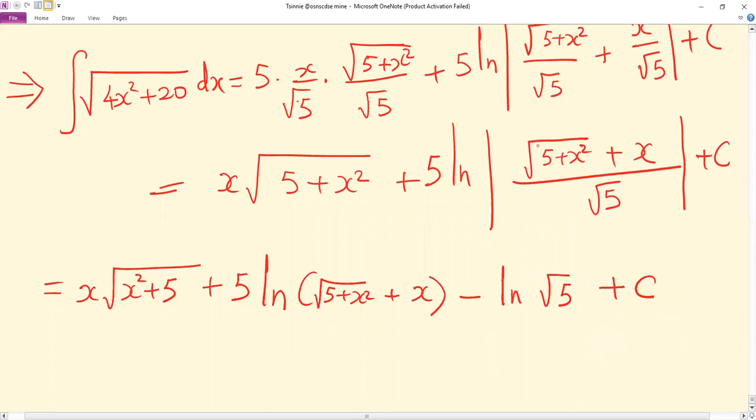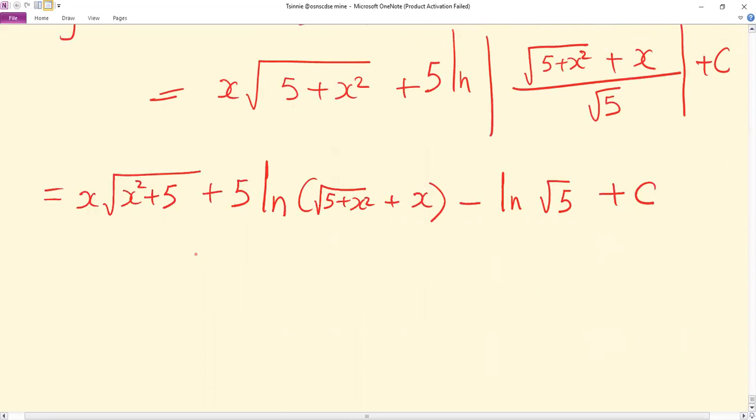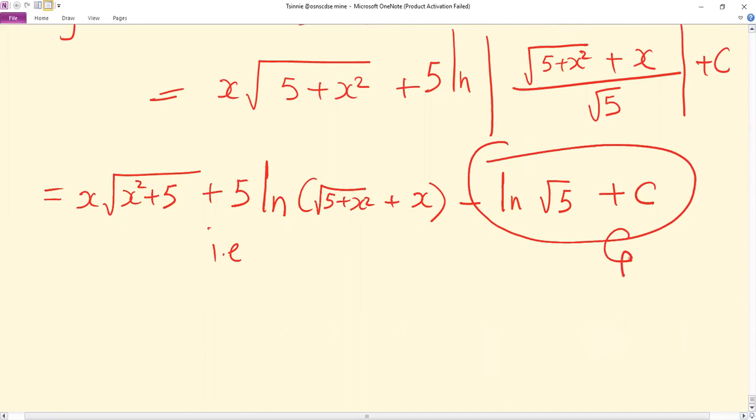Remember this, just laws of logarithms. And you see, ln of root 5 is just another constant. So we can just call it, say C naught, or K or A.